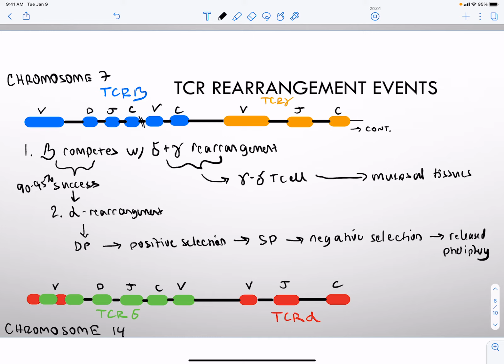So if the beta wins, the delta regions get clipped out of chromosome 14, and the gamma regions get clipped out of chromosome 7. That particular T cell could never go back to become a gamma delta T cell. It's always going to be an alpha beta T cell. The same thing if the gamma delta wins: the beta and alpha chains get clipped out of those chromosomes, so you can only have one type of T cell.